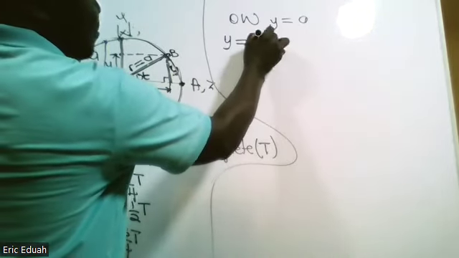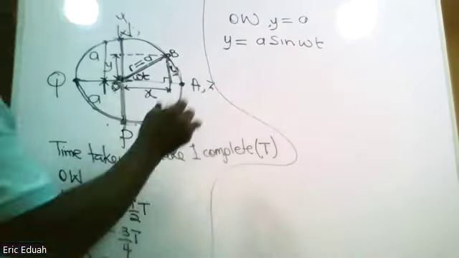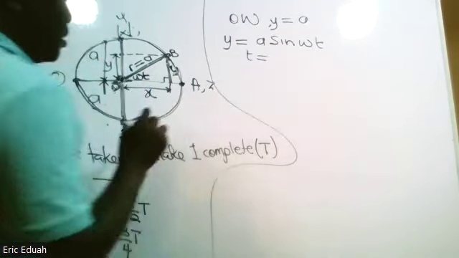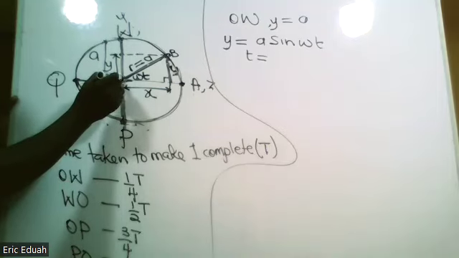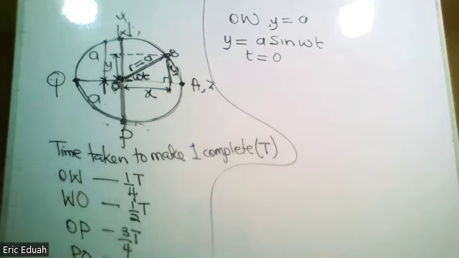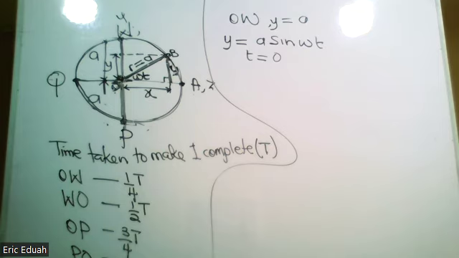So we are expressing displacement in terms of time. Let's begin from T equal to 0. When T is equal to 0, what will be the displacement?